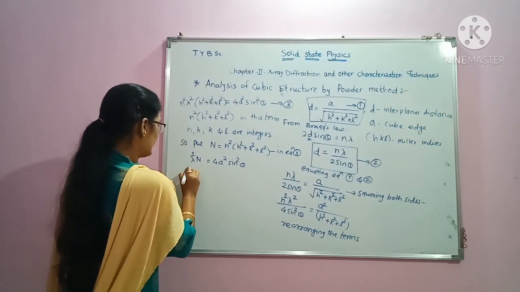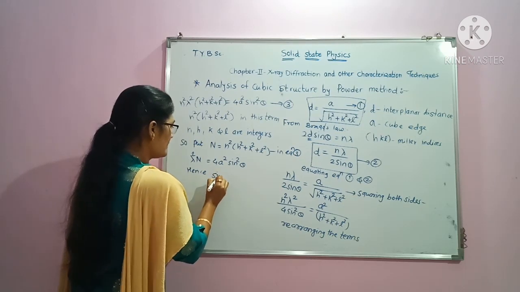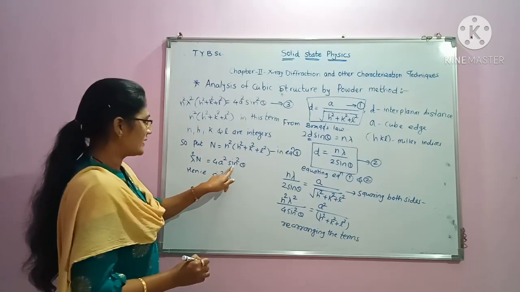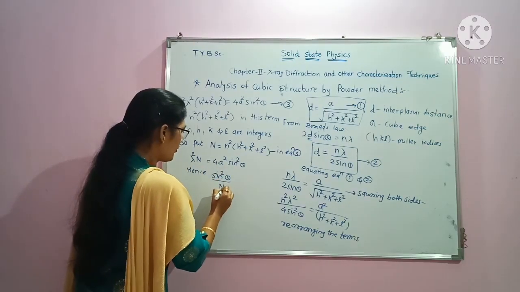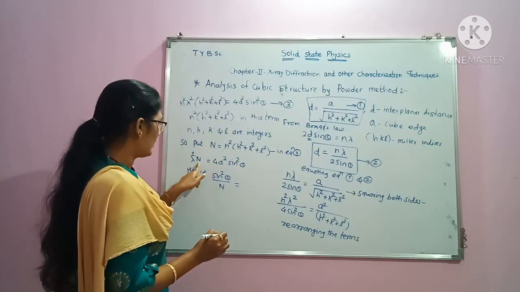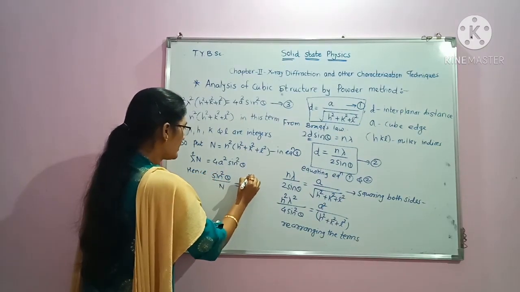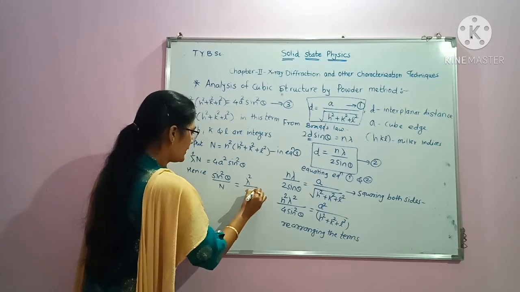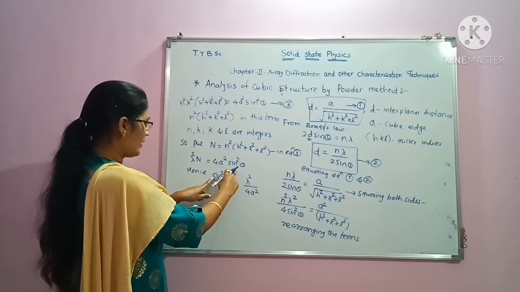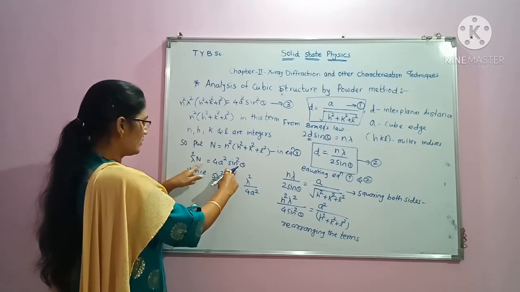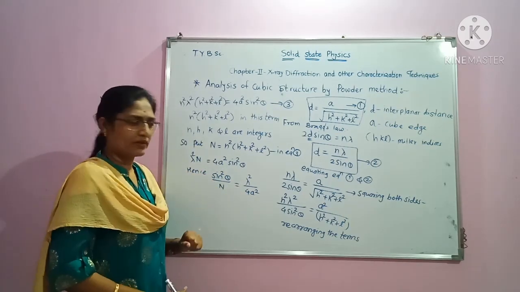Hence sin square theta upon N, we take this N here, is equal to lambda square upon 4a square. So sin square theta upon N is equal to lambda square upon 4a square. Correct.